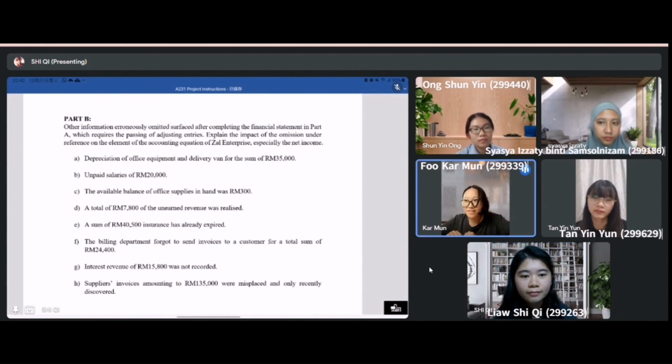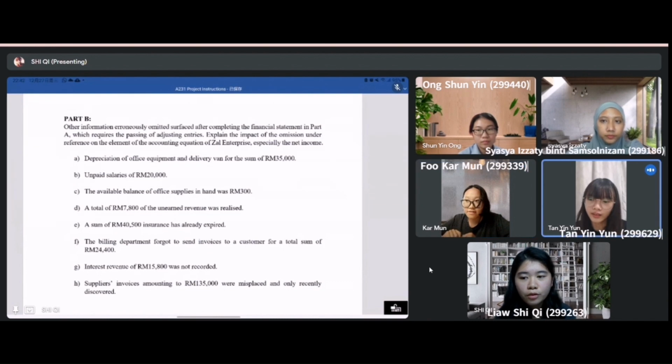A total of 7,800 of the unearned revenue was realized. My answer is debit cash and credit unearned revenue, and the amount is 7,800. I think my answer is debit unearned revenue and credit sales revenue, and the amount is 7,800.